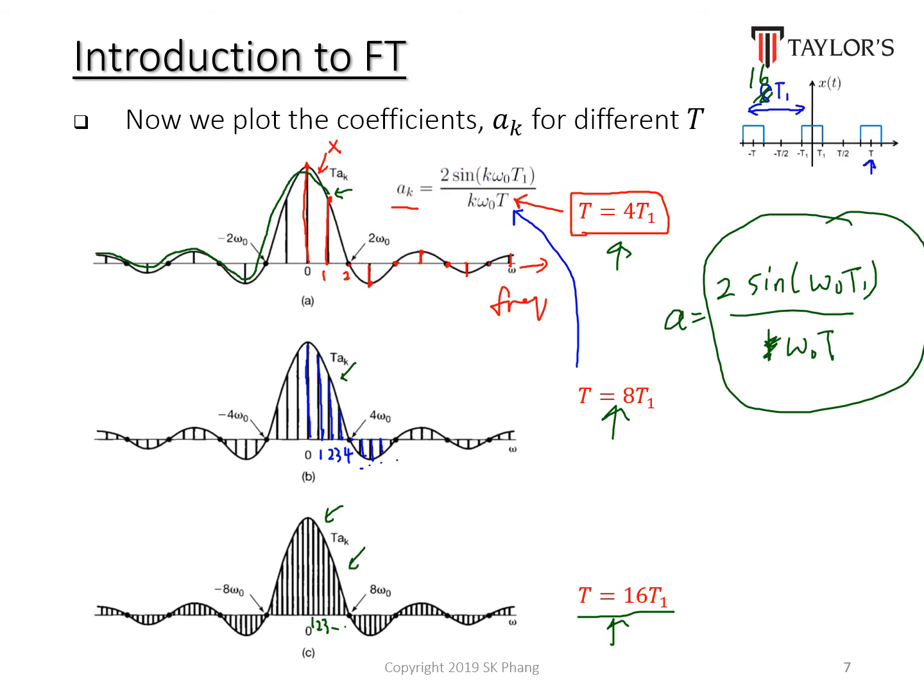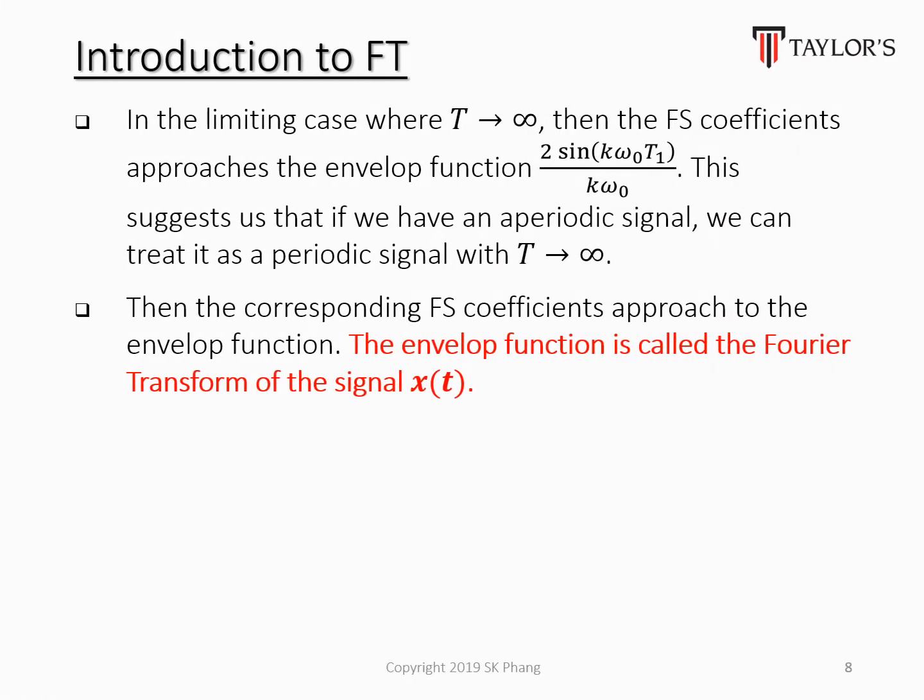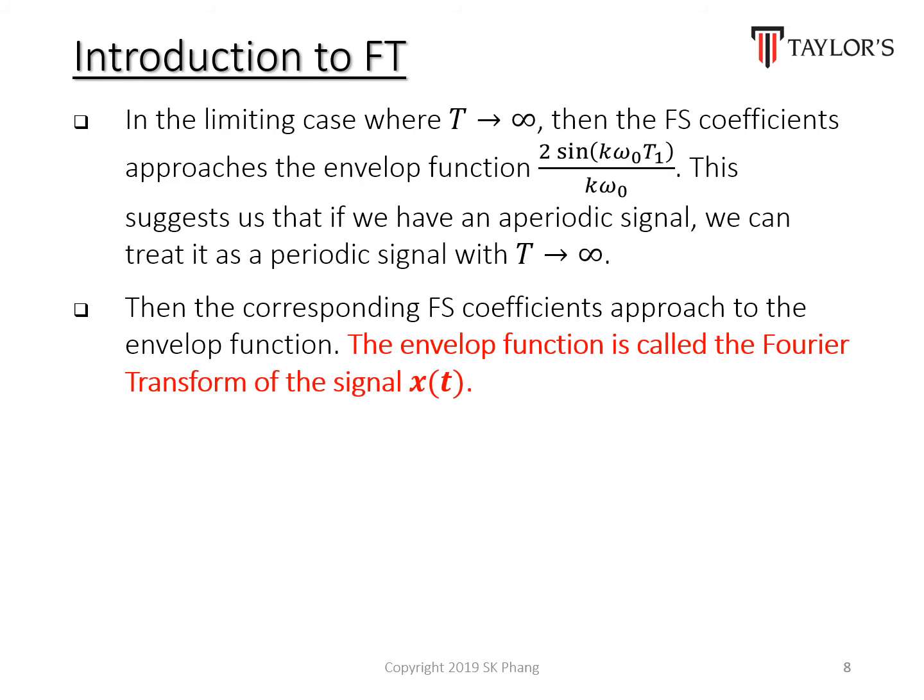So let us look at the next slide. If you think about it, if our T is getting further and further, and when T approaches infinity, let's say this was our graph, the periods will repeat infinitely long on the left and on the right.